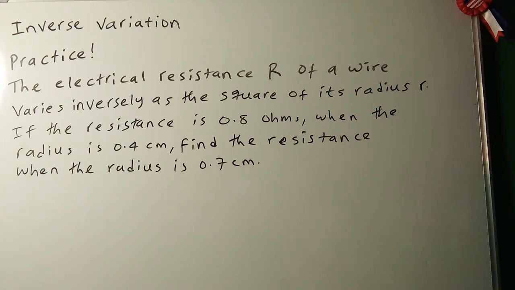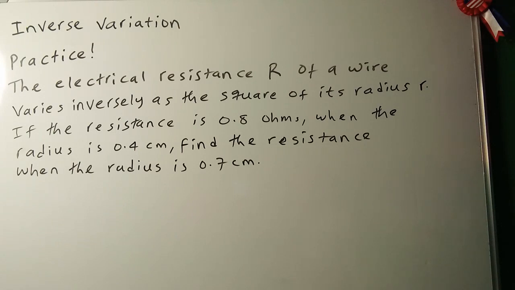The electrical resistance R of a wire varies inversely as the square of its radius. If the resistance is 0.8 ohms, remember resistance is measured in ohms, when the radius is 0.4 cm, find the resistance when the radius is 0.7 cm.